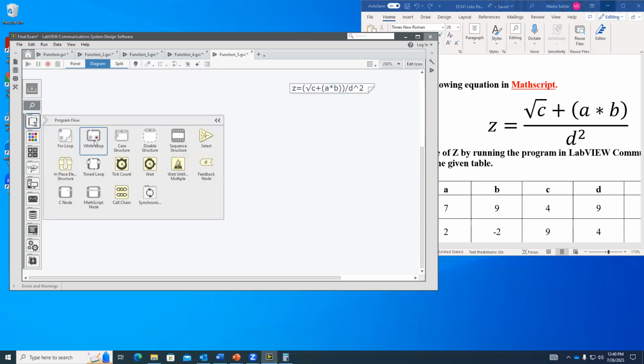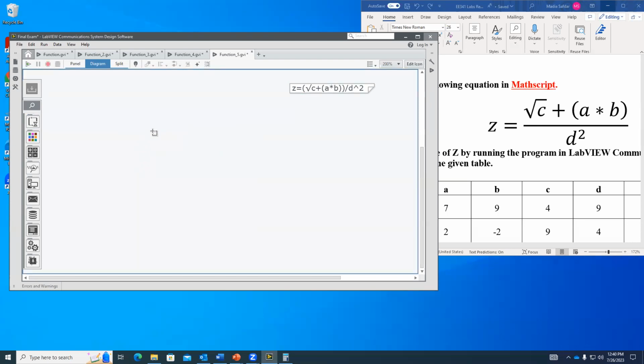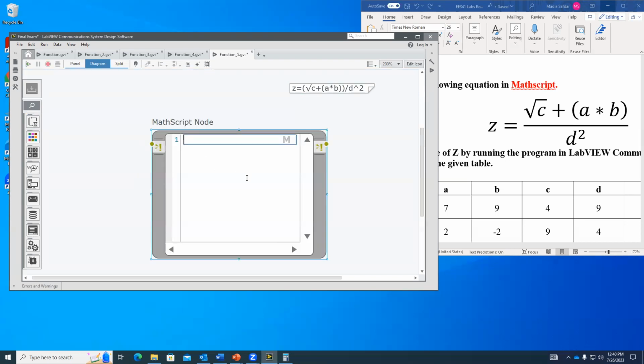Okay. So you will go to math script node. My equation is, first let's write a numerator. Let's say x equals, we will write the numerator. Square root is SQRT of C plus A multiplied by B. Okay.